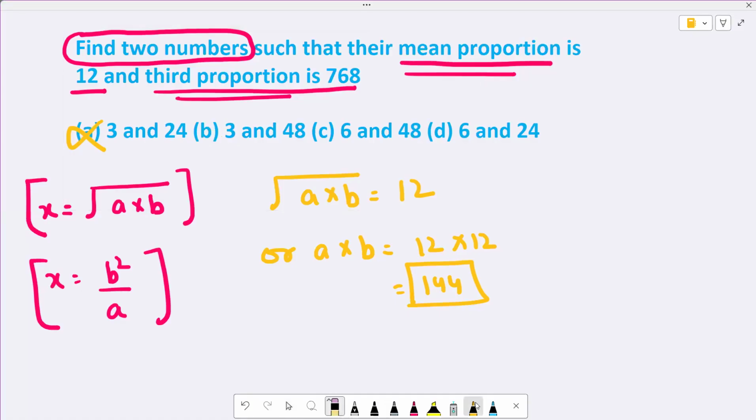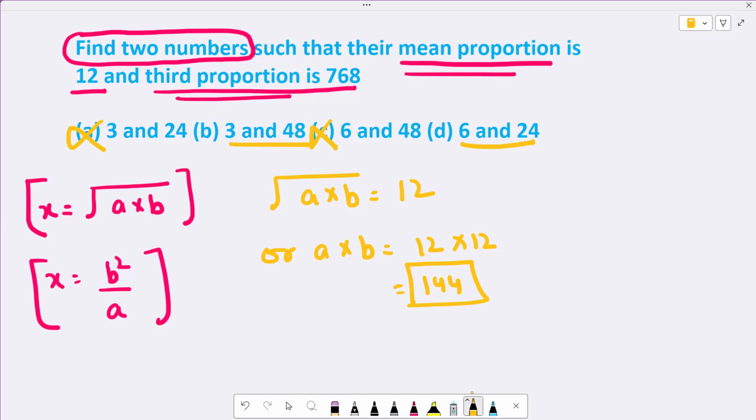So here I went wrong. Their product is 144, so it can be the option. Rather 6 multiplied by 48 cannot be the option because their product is not 144. And even 6 multiplied by 24, their product is equal to 144. So A and C are eliminated, B and D can be the options.